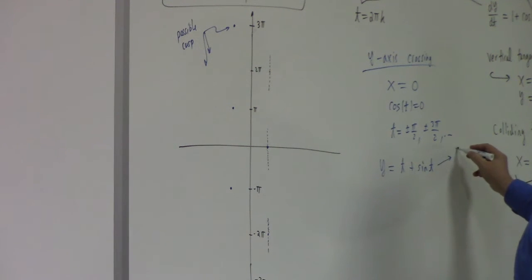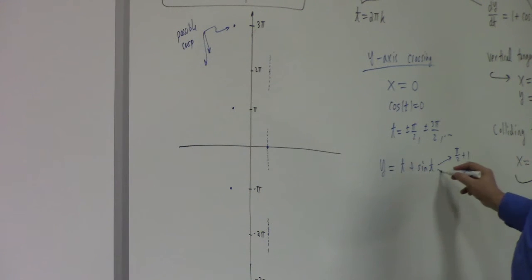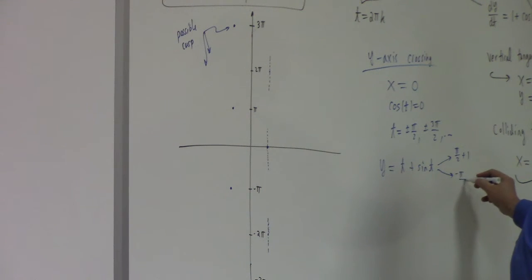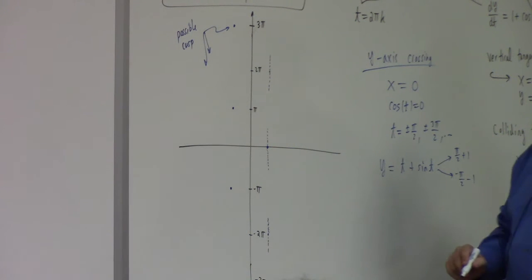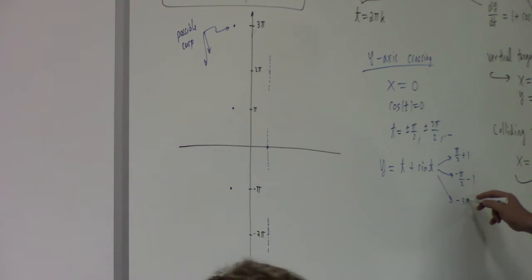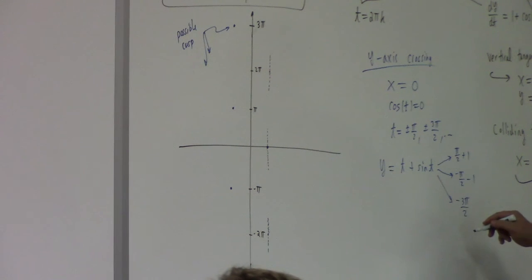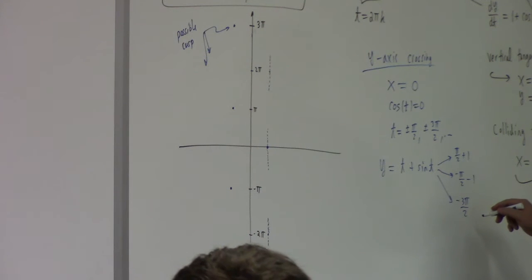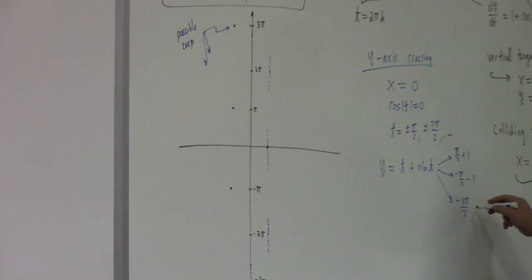For example, pi over 2 plus 1, or minus pi over 2 minus 1, or minus 3 pi over 2, right? Minus 1. Yeah. Well, wait a minute. Plus 1, right?